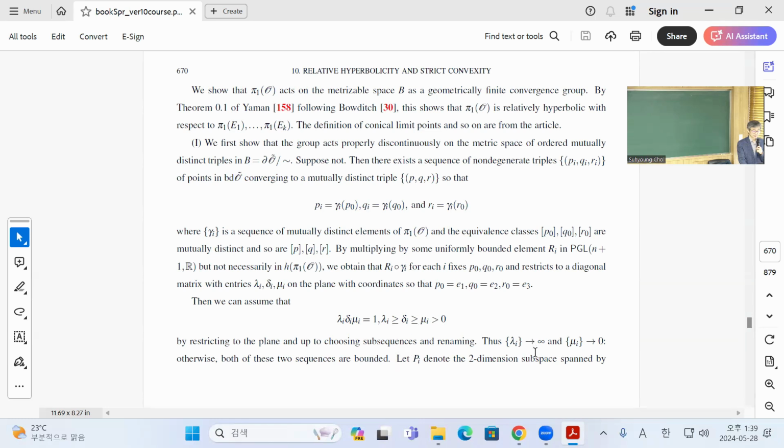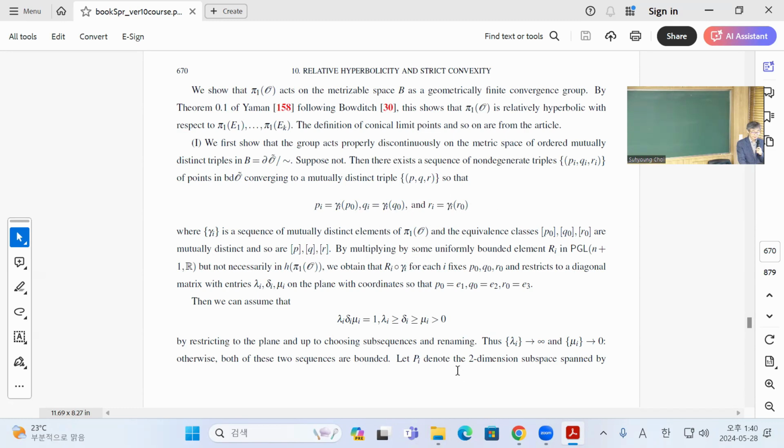And so you can consider the case when some of these are going to infinity and something going to zero, because if it's all bounded, then of course this means that both of these sequences being bounded means that the gamma i is also bounded, and that we show that these are infinite mutually distinct.